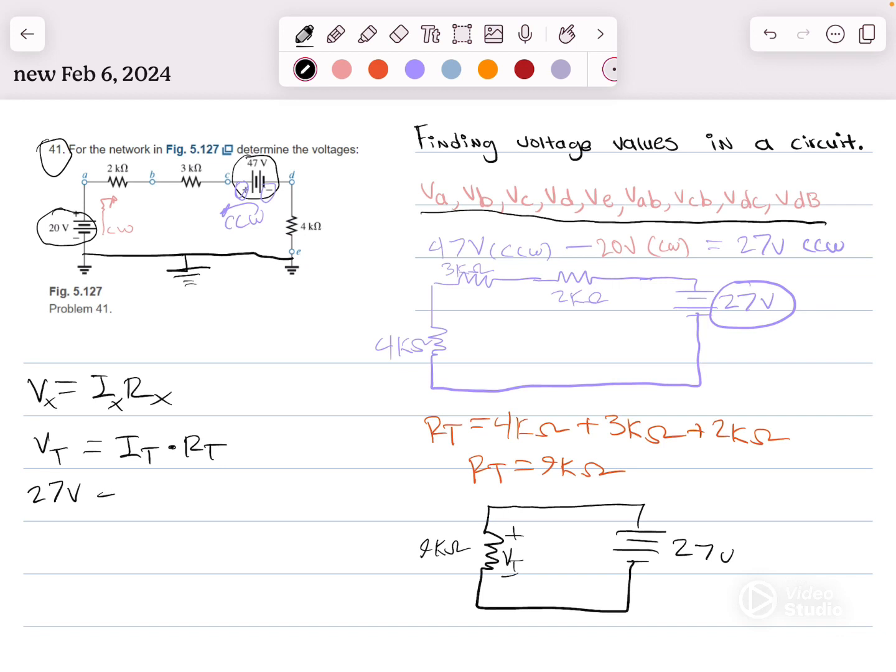And my R total, I just found, is 9 kilo ohms. I'm going to take my 9 kilo ohms to the other side and divide. I'm thinking about my prefixes. 27 divided by 9,000 will get me 3 times 10 to negative 3 amps, which is equivalent to 3 milliamps.